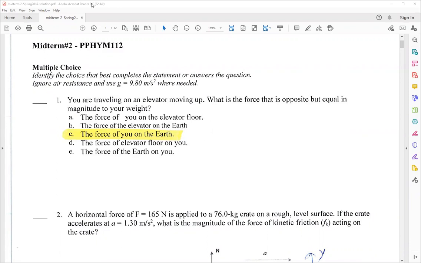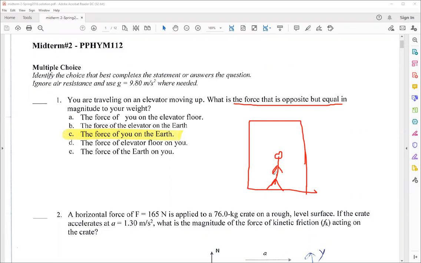So we're looking again at an elevator moving up, and you are inside the elevator like this. Now, we're asking you for the force that is opposite but equal in magnitude to your weight.